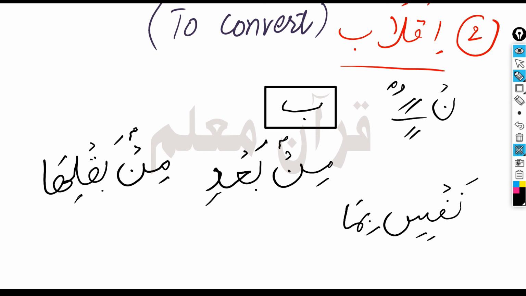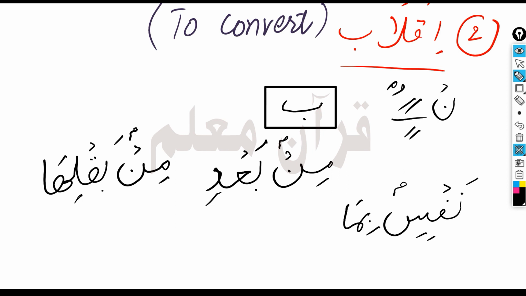Nafsin, sin kasra, nun sukun. Instead of saying nafsin, we need to change the sound of the nun sakin to mim. Nafsim. You will see a small mim on top of it. It means you have to read it with the mim. Nafsim bima, and you do the gunnah. Not nafsin bima.